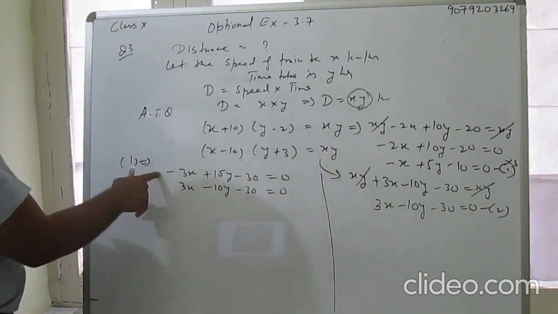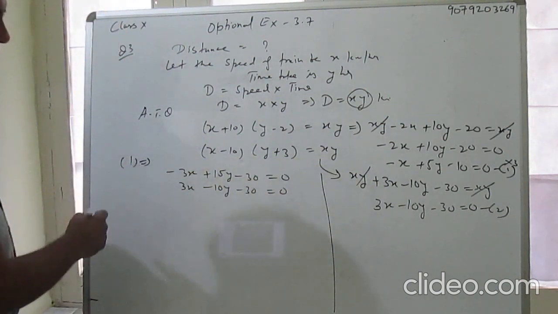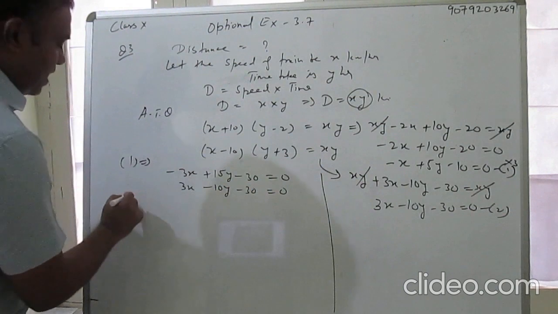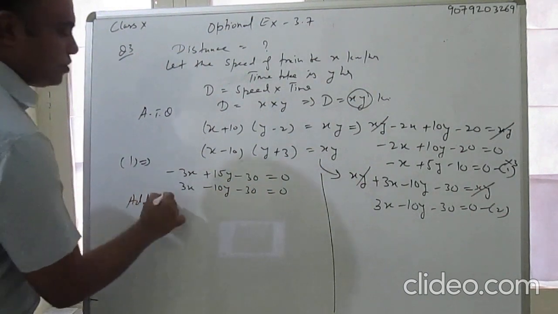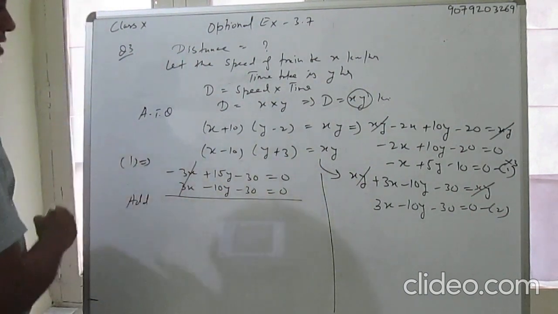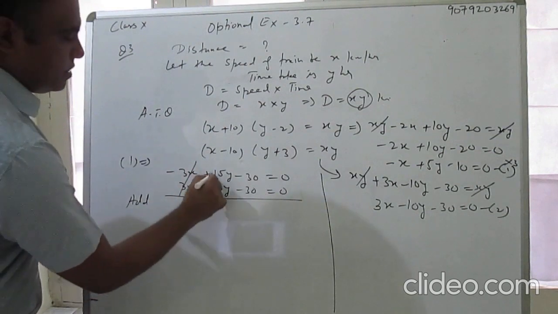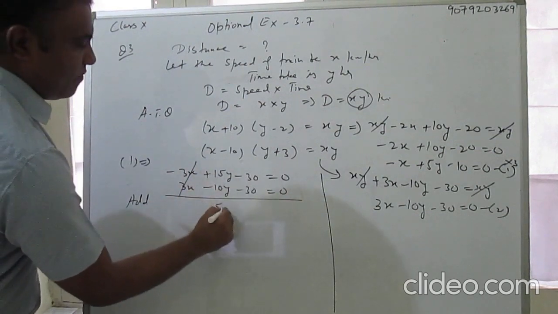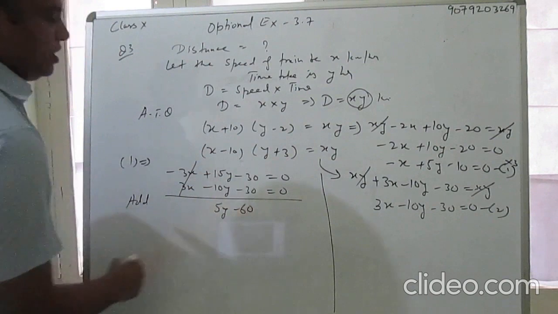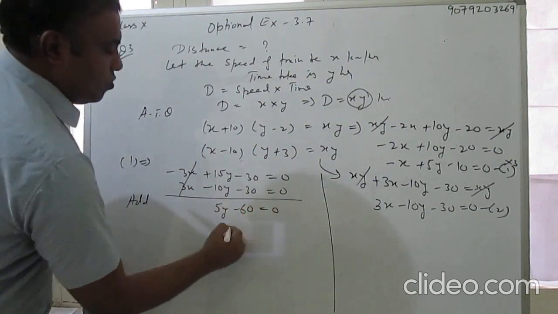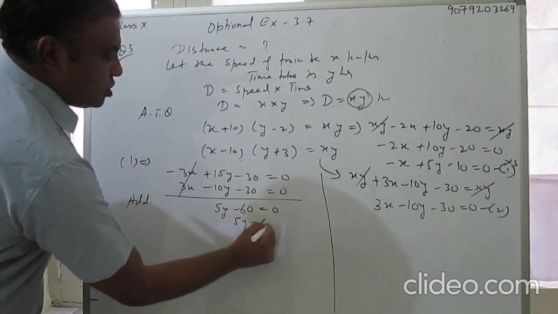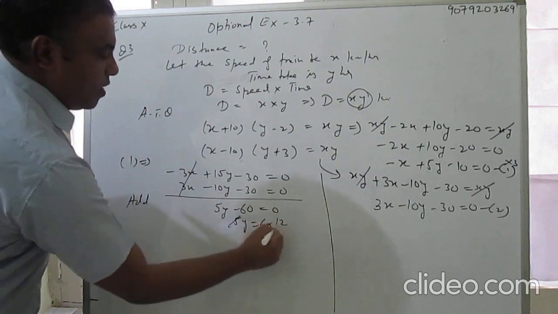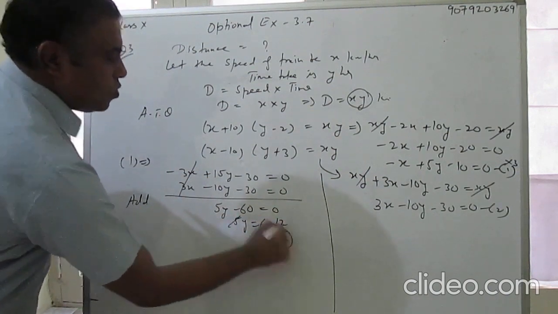Now you see that the signs are the same, so when the signs are the same, we add the equations. It is plus 15 minus 10, 5y minus 60 is equal to 0. So 5y is equal to 60. This will cut, y is equal to 12.